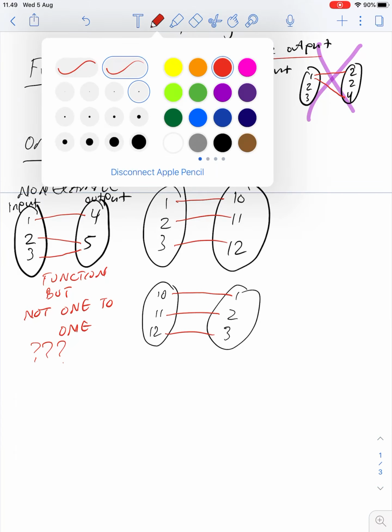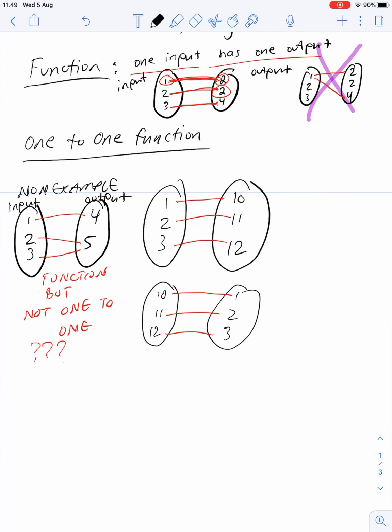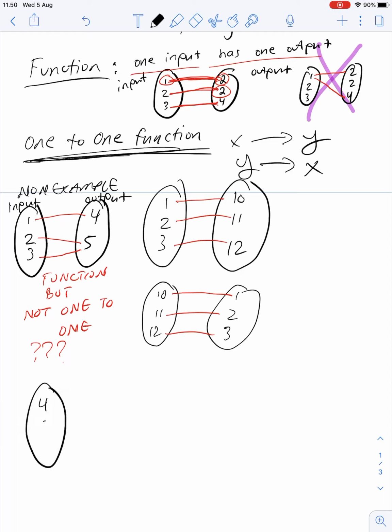Here's why. Because in order for it to be one-to-one, X needs to have one output, but Y also needs to have one input. So if I were to flip these around, 4 and 5, and 1, 2, and 3, 4 would go to 1, but then 5 would go to 2 and 3.